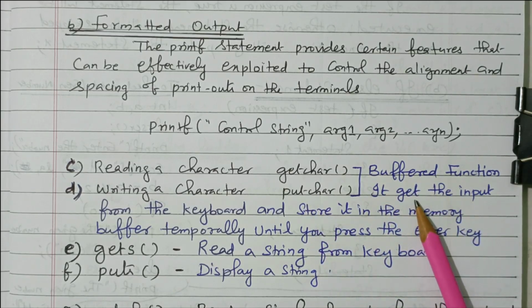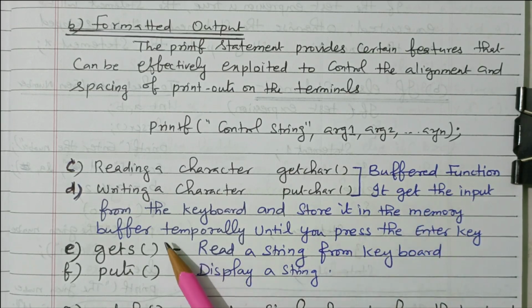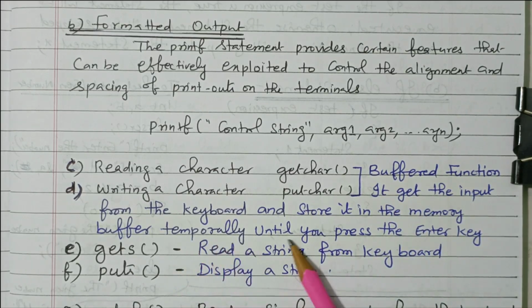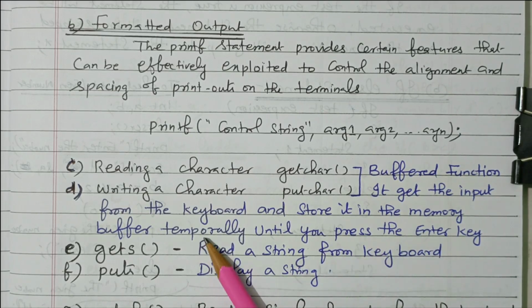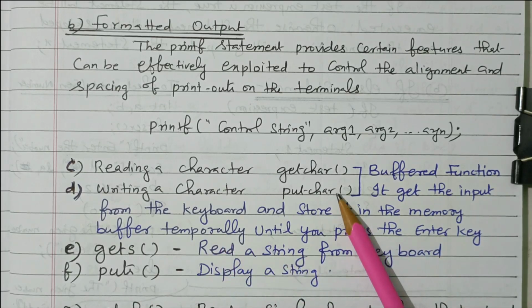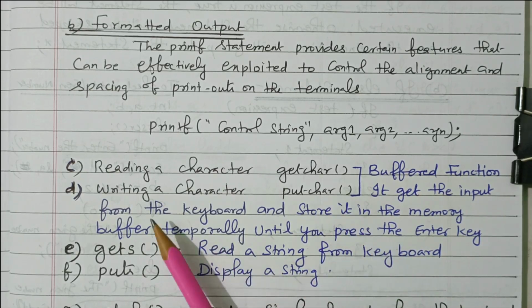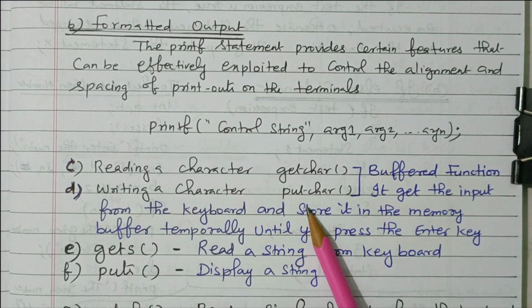Buffered function means that while entering the data, it is temporarily stored in the memory until you press the enter key. For example, if you enter 5 characters, these 5 characters are temporarily stored in the memory. After entering all 5 characters, only by pressing the enter key will it be displayed on the monitor. That is done by getchar and putchar.